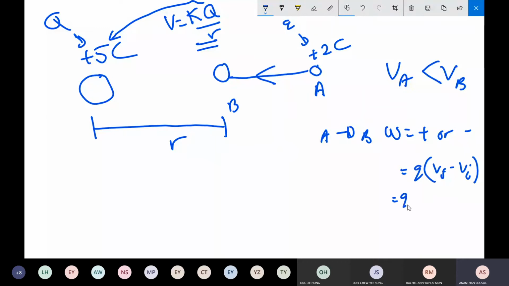The final place is B. So it should be VB minus VA. Because VB is greater than VA, this is going to give you a positive answer. And the test charge also is positive, so the work done is going to be positive.